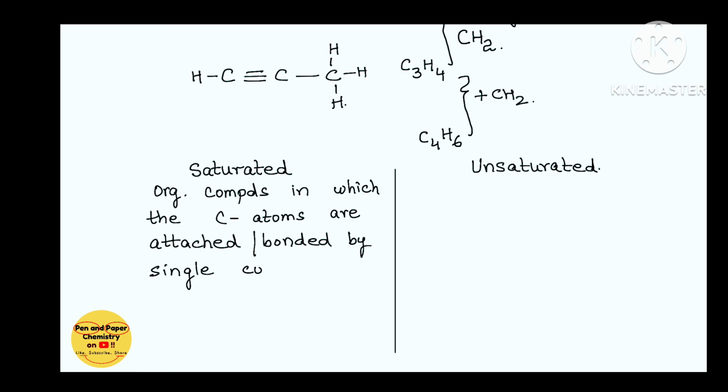You see the importance and the relevance of each of these words that I am using. Single, that is, we drew only single dash between the carbon atoms, single covalent bond. Organic compounds in which the carbon atoms are bonded by single covalent bond are known as saturated compounds.